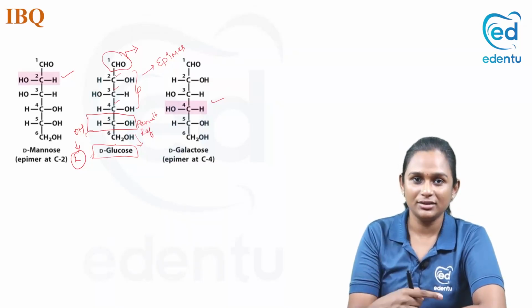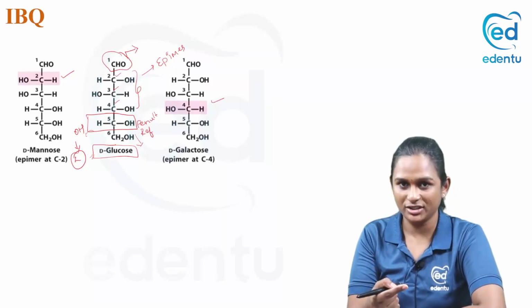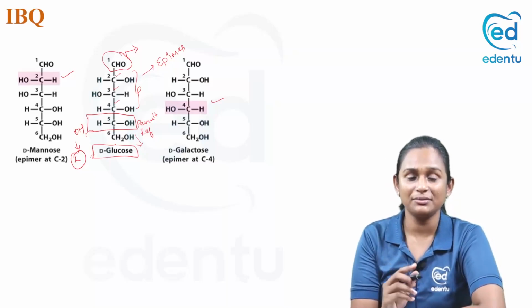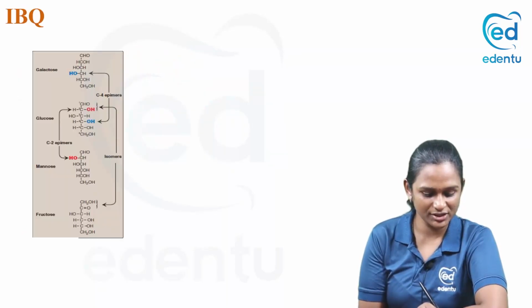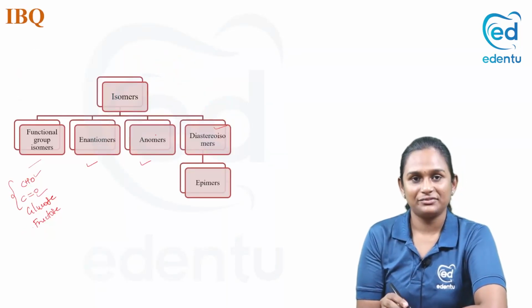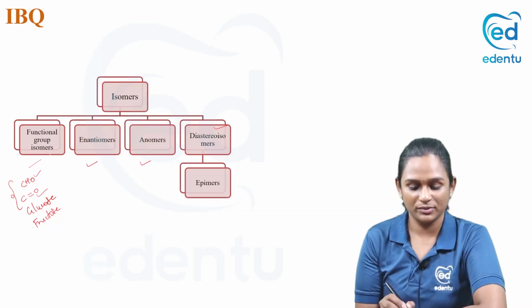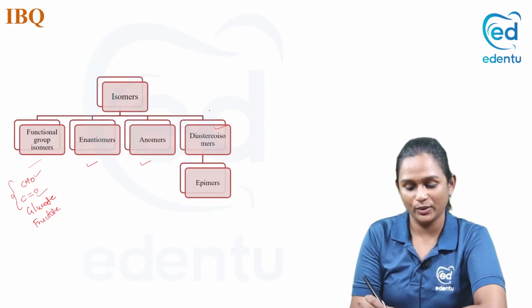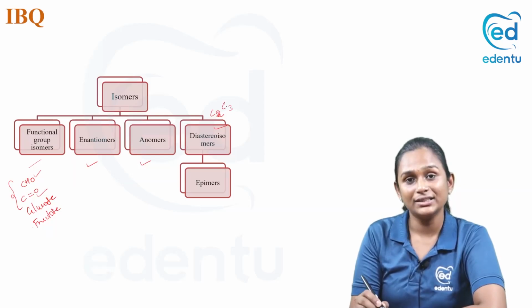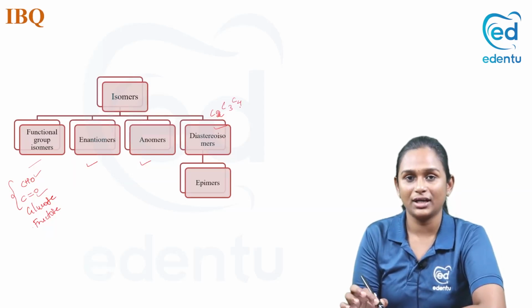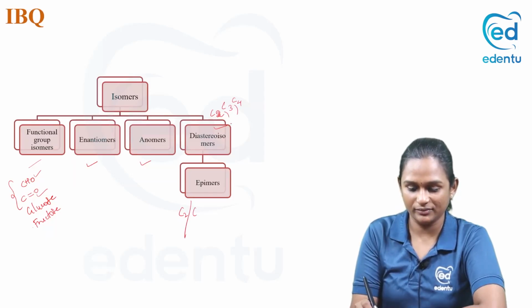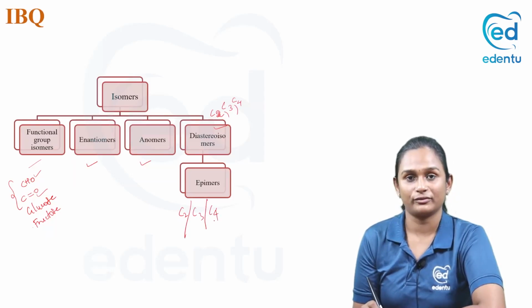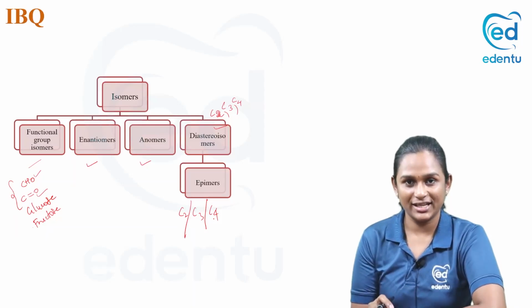Epimer is only one of them. So this is how we classify isomers: functional group isomers, enantiomers, diastereoisomers, and epimers.